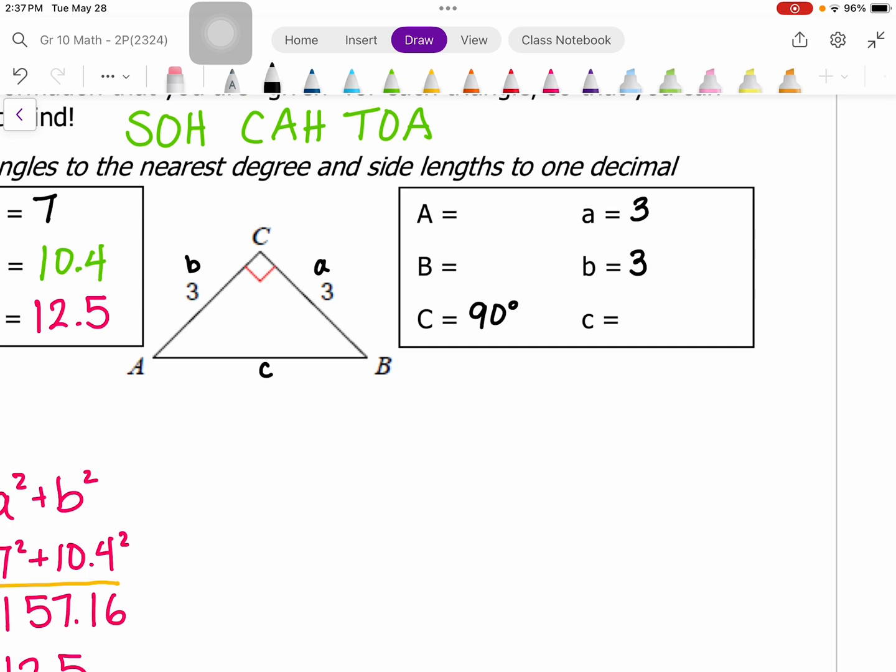I'm going to start by solving for side length c using the Pythagorean theorem. So c squared is equal to a squared plus b squared. So that's equal to 3 squared plus 3 squared. So c squared is equal to 9 plus 9, which is 18. And then I'm going to need to square root that.